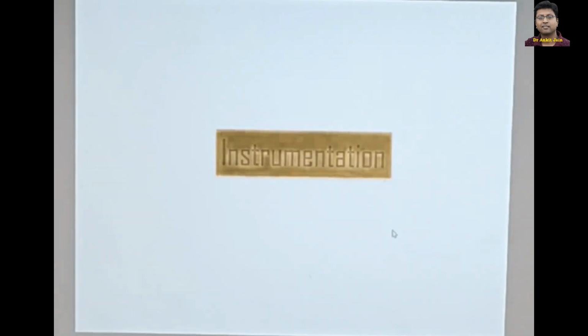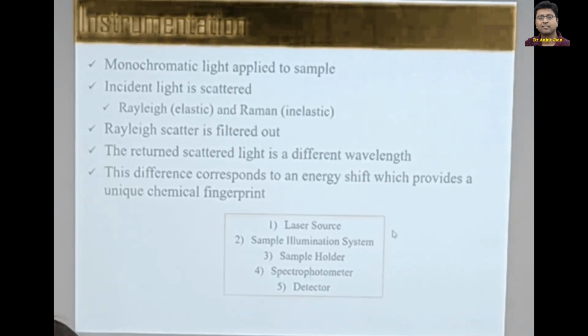So let's talk about the instrumentation of Raman. We know that we need a monochromatic light, and we need some kind of a sample holder to hold the samples. We need something to detect it. That means we want to see what is coming out, not just the incoming laser but other wavelengths that are coming out.